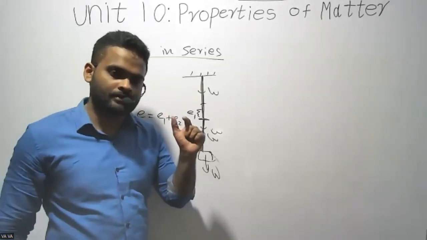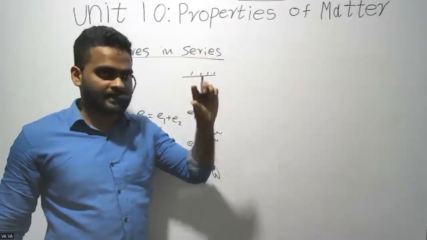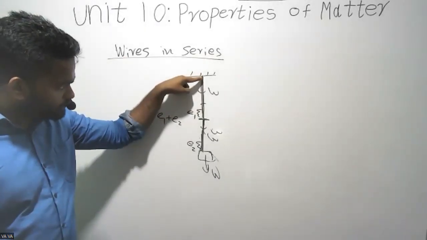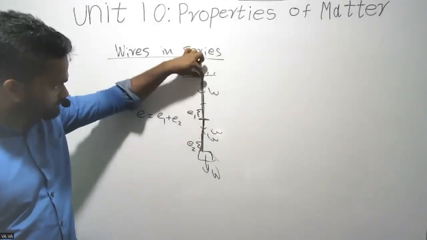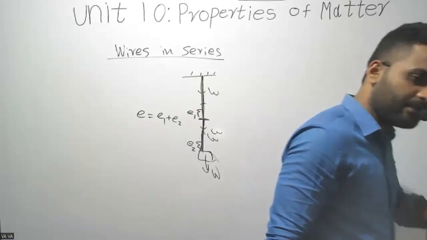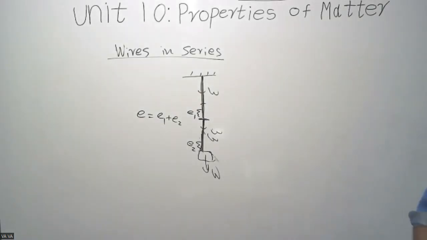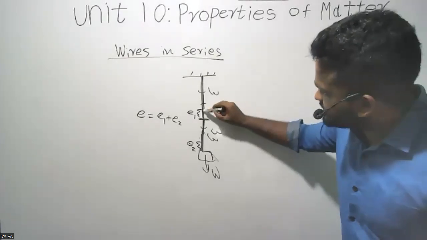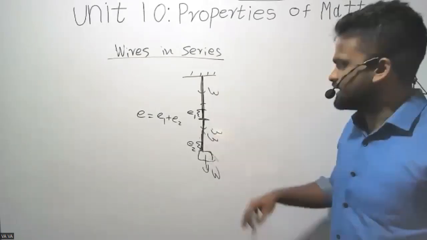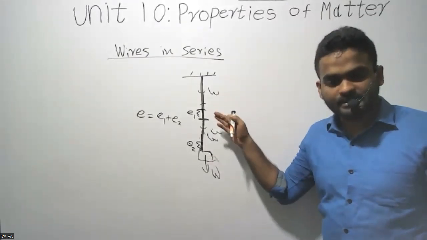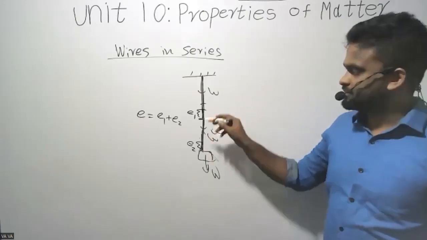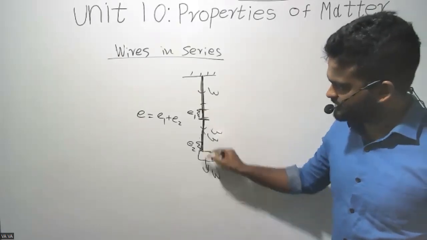So what are the two things you have to remember when the wires are in series? Throughout the wire, everywhere, the tension is the same. Another one is that the sum of extensions of each wire is equal to the total extension of the wire, E1 plus E2.